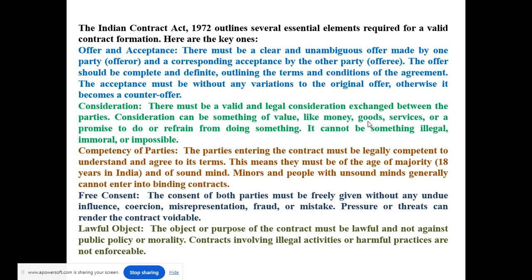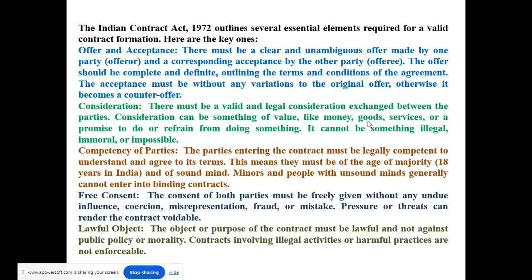For a valid contract, at a summary level, the key elements include the offer and acceptance. There must be a clear, unambiguous offer made by one party and corresponding acceptance by the other party.